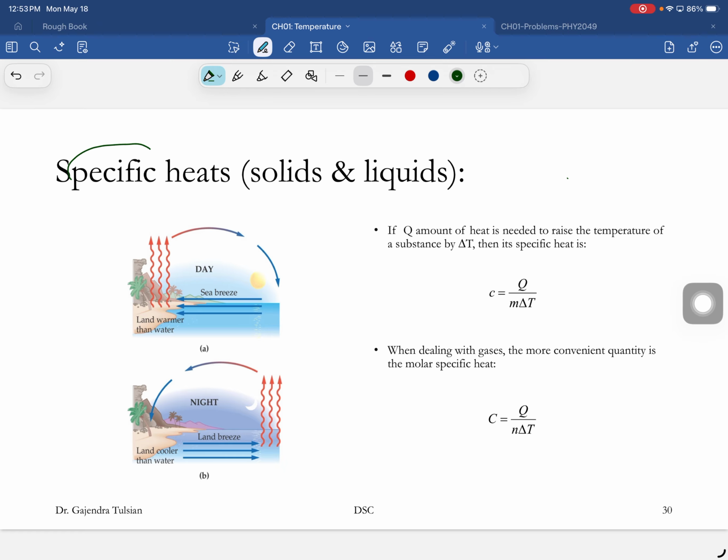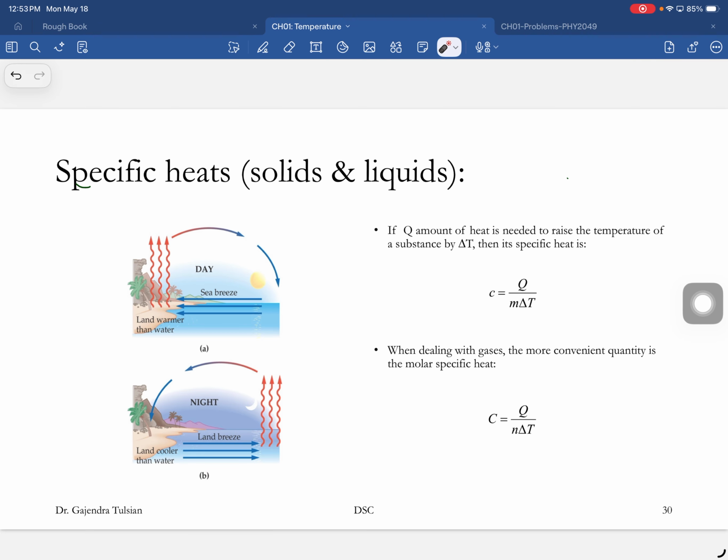All right, let's do the following now. If the specific heat is lower and you have the same amount of heat falling, the temperature will rise more. So let's say this is land, this is water.